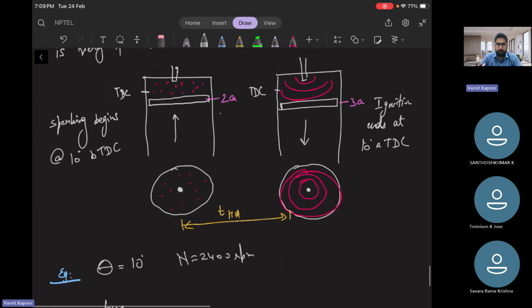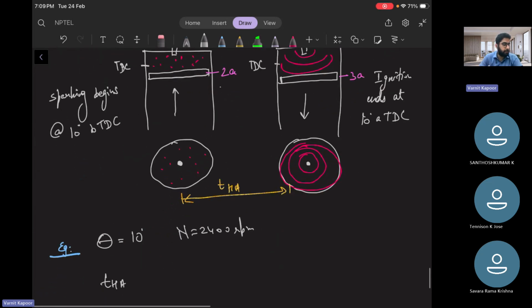We have calculated this kind of scenario, this time analysis we have done. So you have to use the same concept. Time is theta by omega in terms of polar form.